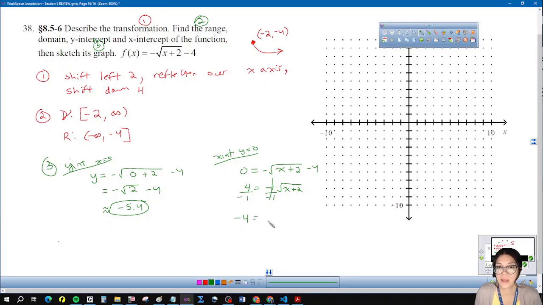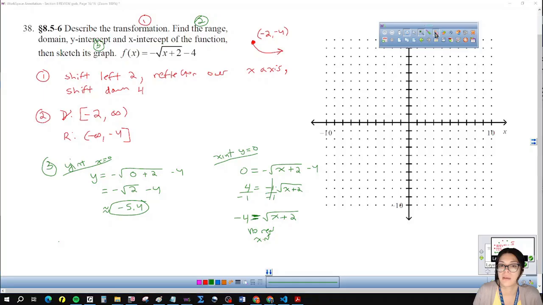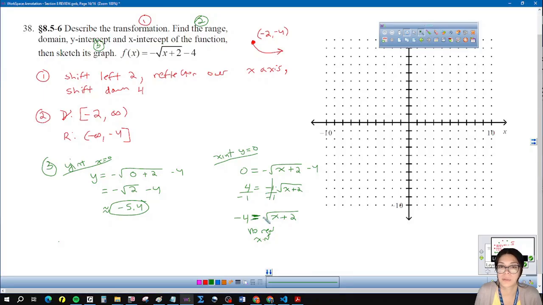So the square root of x plus 2 is going to equal a negative. But remember, whenever you take the square root of a number, that will not equal a negative. So there is no real x-intercept. If I were to find it and check, I would see that it didn't work. So there's no real x-intercept.